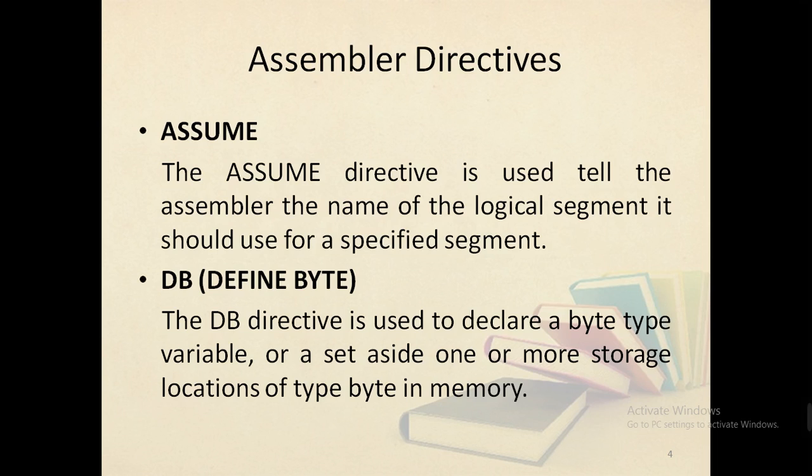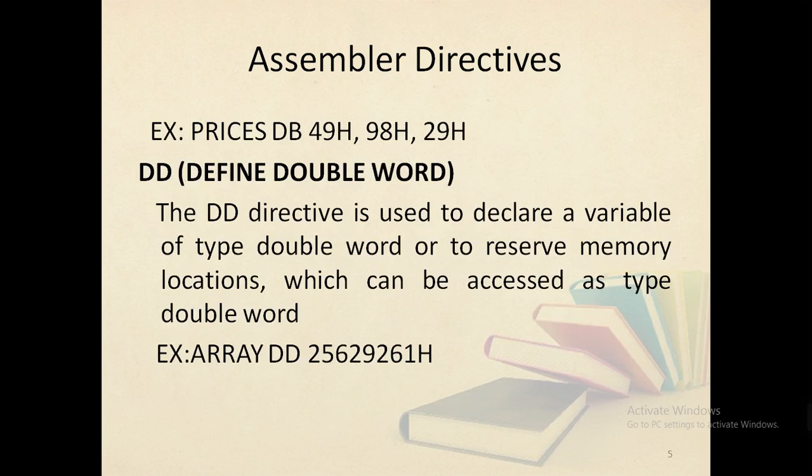Take one example: PRICES DB 49H, 98H, 29H declares an array of 3 bytes named PRICES and initializes them with the specified values. And take one more example: NAME DB 'BVCEC' declares an array of 5 bytes and initializes it with ASCII codes for the letters in BVCEC.